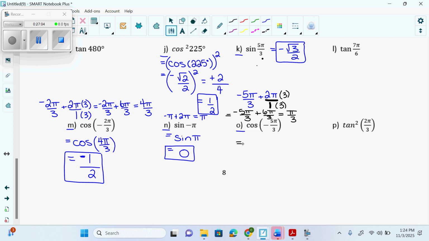So it's the same as cos at pi over 3, which equals, what's x at pi over 3? 1/2.